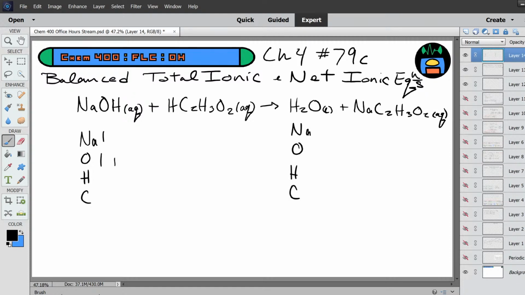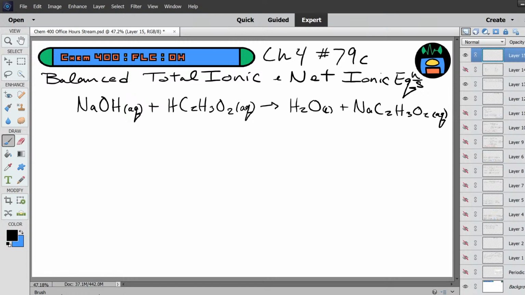We have 1 plus 4 oxygens, so a total of 5, right? 4 coming from acetic acid, 1 coming from sodium hydroxide, and then we have 2 carbons. On our product side, we have 1 sodium, 1 plus 2 oxygen, 2 plus 3 hydrogen, 2 carbon. So it looks like we are totally balanced. That is in the clear.